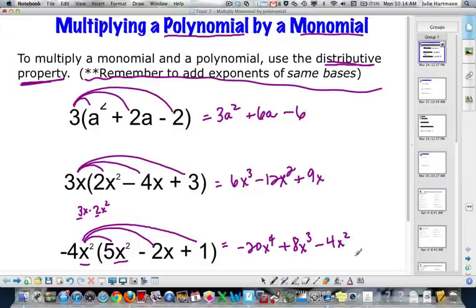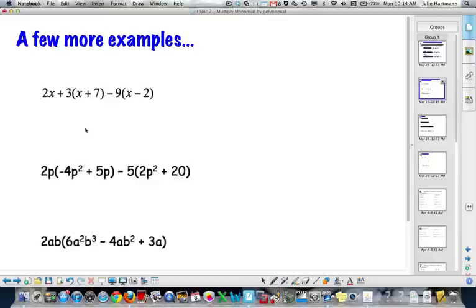Okay, so that's it for the first slide. Second, a few more examples. This one, we're adding in between here too. So in this first one, you have 2x plus, so that's different. The 2x is just by itself. Plus, we can distribute this 3. So we're distributing a positive 3. 3 times x is plus 3x. 3 times positive 7 is plus 21.